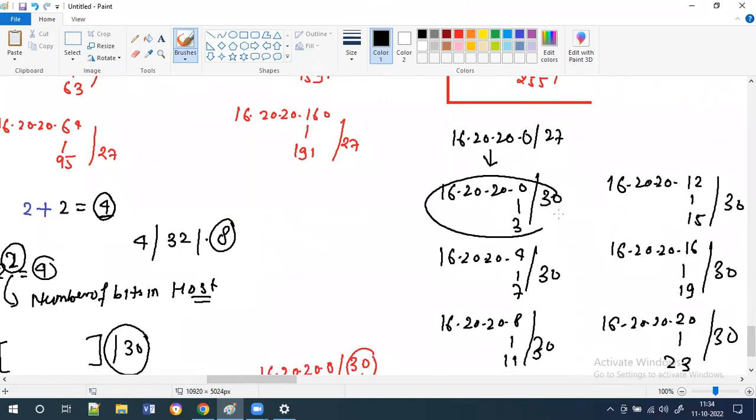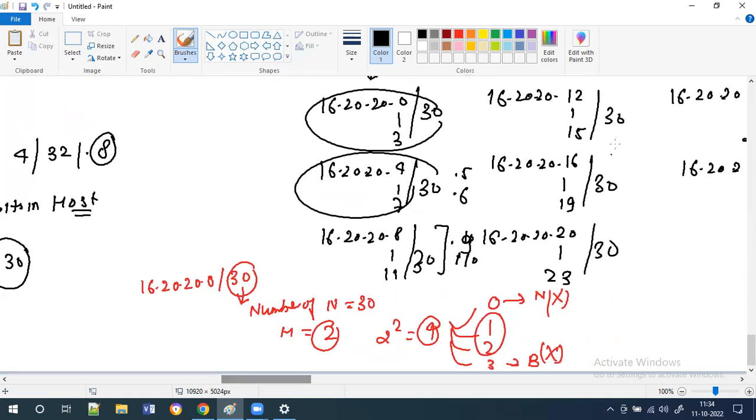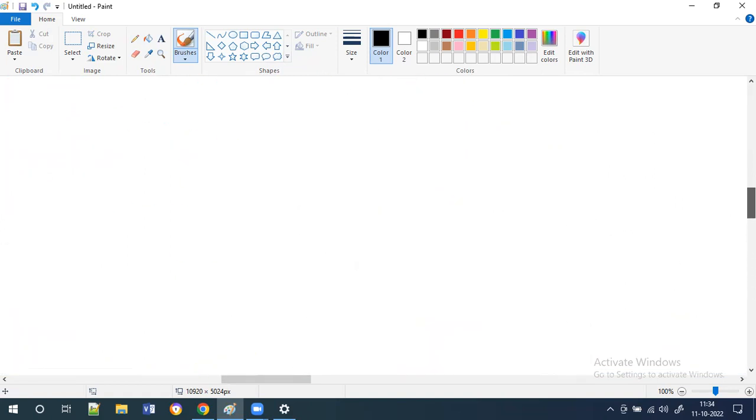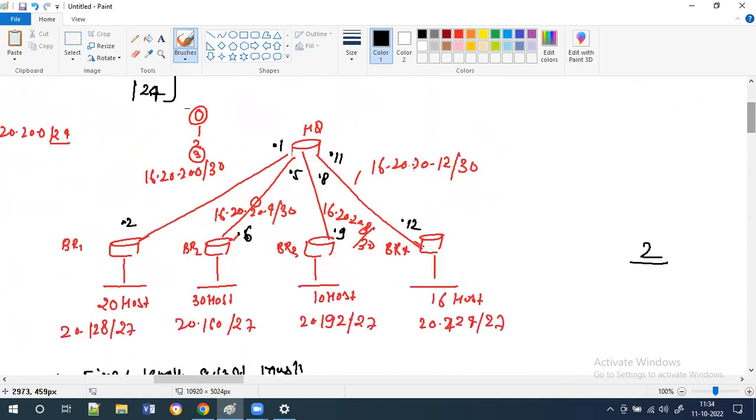This one will go to the first, second. Here we'll get .5 and .6. Here we'll get .9 and .10. And here we'll get .13 and .14. Okay, so let's correct it: .13, .14, .9 and .10. Clear?